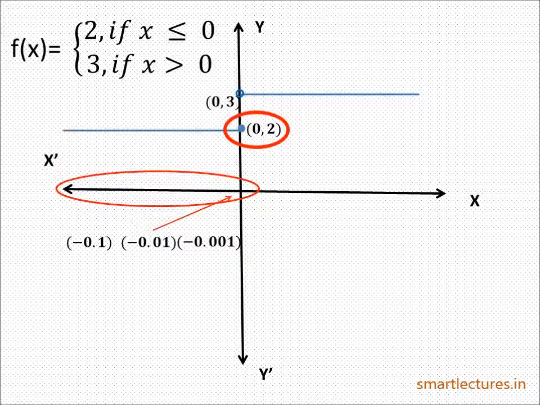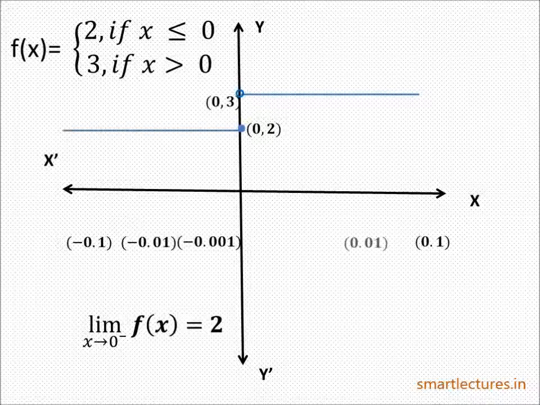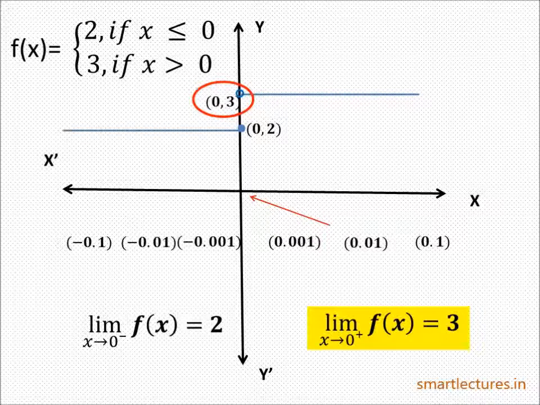In other words, we can say the left hand limit of the function f of x when x approaches 0 from the left hand side is equal to 2. And what about its right hand limit at x equal to 0? Now if you take the value of x as 0.1, 0.001 or further closer to 0, then you will find the value of y or f of x is equal to 3. So the right hand limit is equal to 3, which means the left hand limit is not equal to the right hand limit.